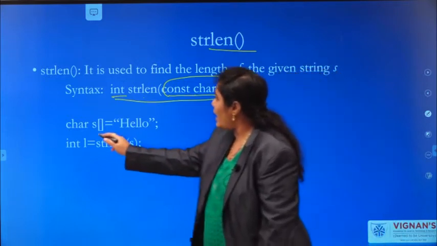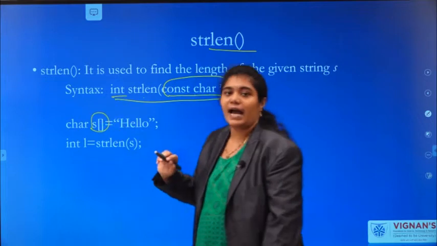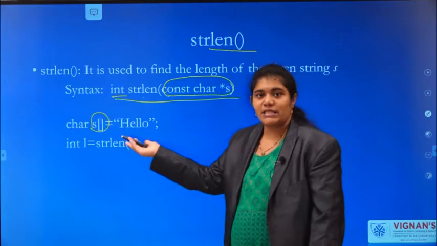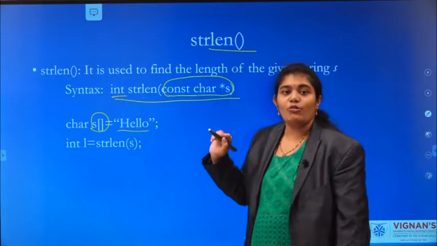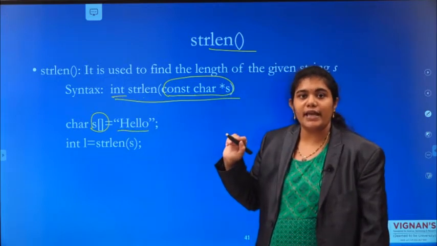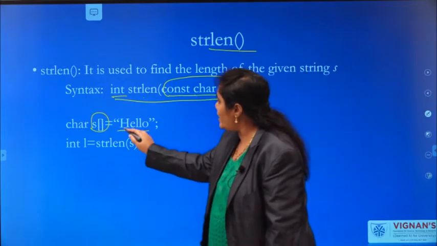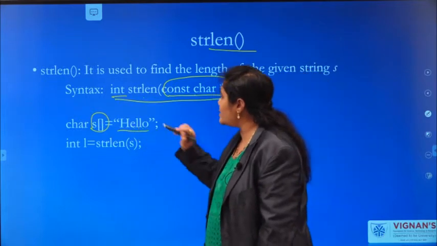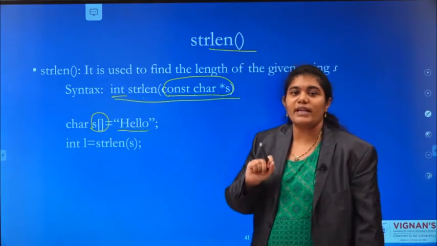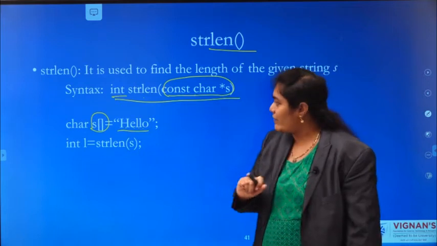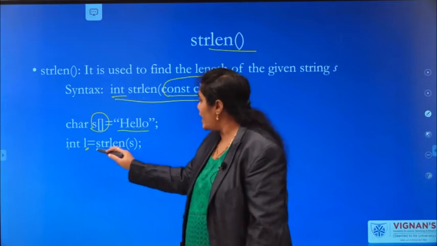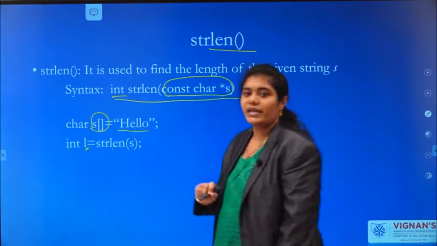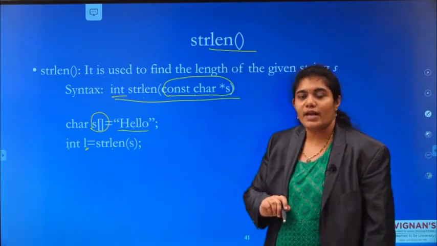See here, I have defined a character array, and I did not specify any size for that array. The content of this array is HELLO, and I have given 5 characters. So, int l equals strlen of s.